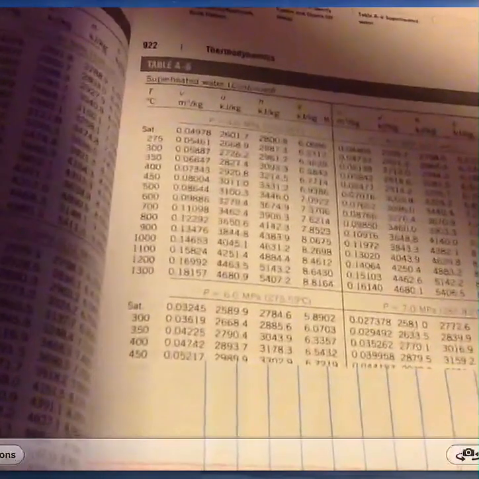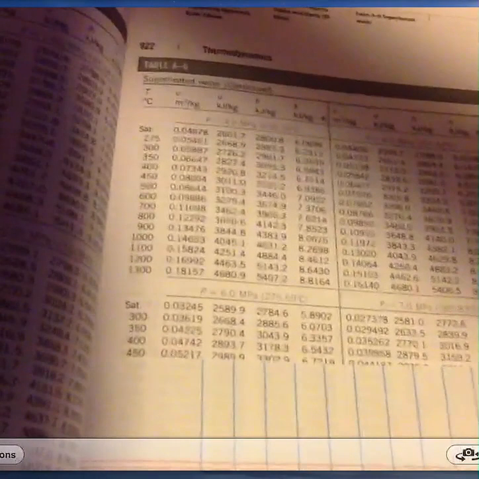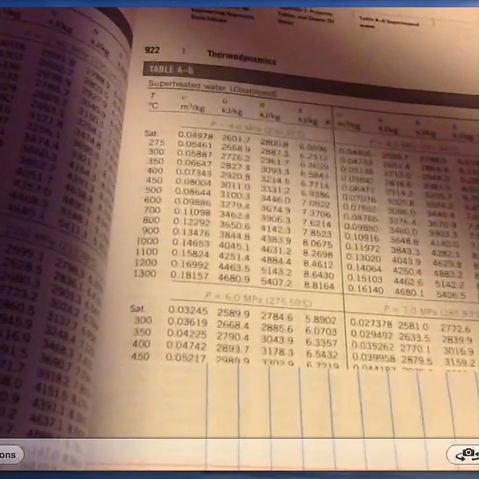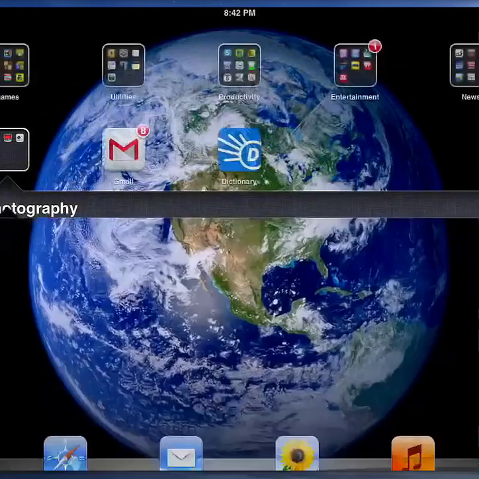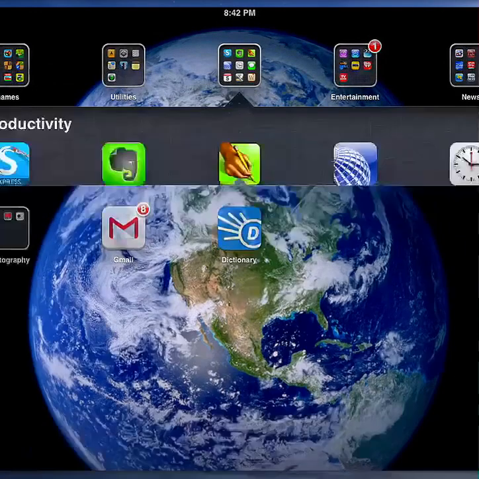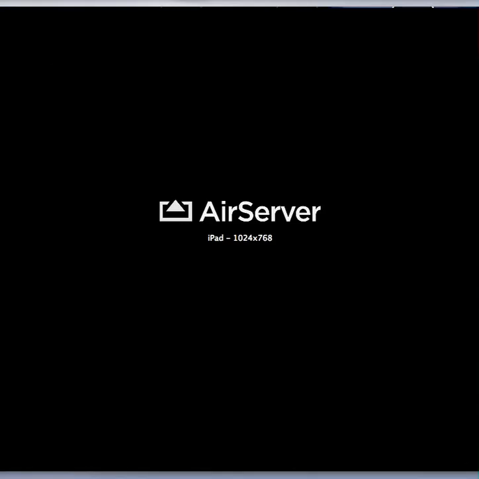Okay, there we go. And you can see now the 6,000 kPa, 450 degrees C, and the table entry there of 0.05217 cubic meters per kilogram. So that's where we find the data in the table. So we now know state I, at least we know the specific volume at state I.